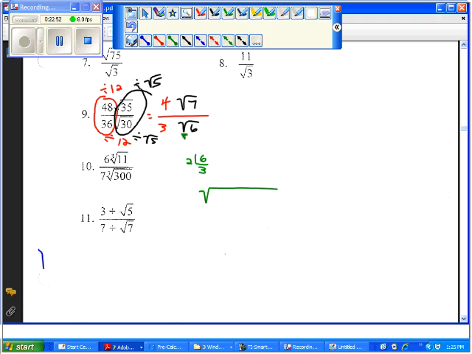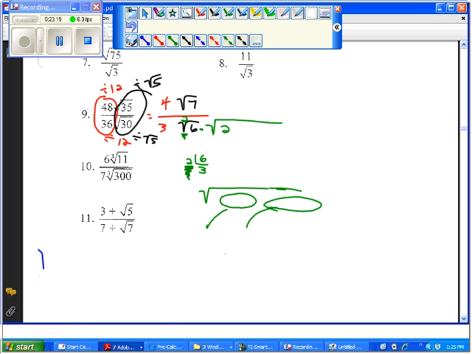If we were going to get the square root off, everything would need to be in a set, right? Inside the radical. So that that pops out and that pops out and there's nothing to put back in. So we're trying to create sets. Sets of what? Well, the understood index is 2. So we need sets of 2 of each prime involved. So we need to multiply so that we have 2 2's.